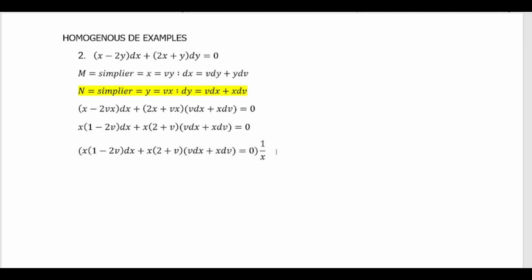Let's copy that one. Maybe we just copy this one, I think it will be simpler. Cancel x, cancel x. The next thing we would do is distribute all the dx over here and this one by the FOIL method, so that we could get all the combinations of the like terms.